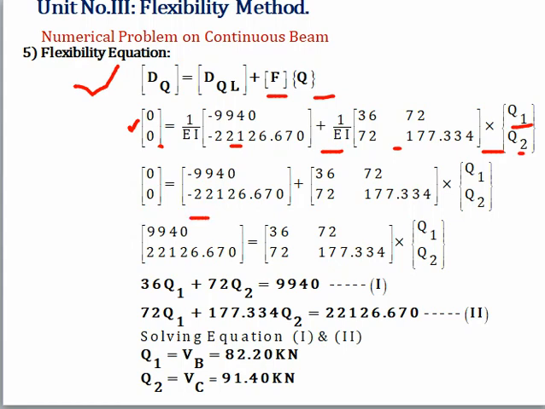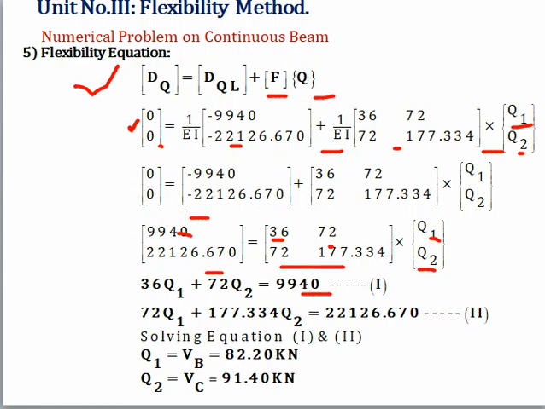Now let's simplify this matrix. After simplifying, 36 into Q1 plus 72 into Q2 is equal to 9940. This is the first equation.